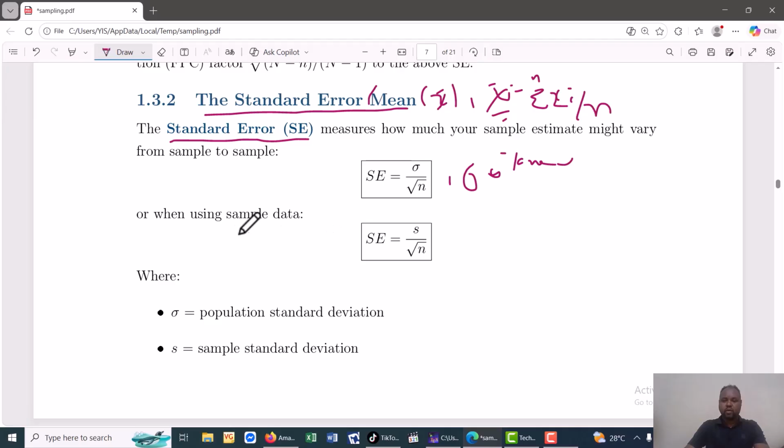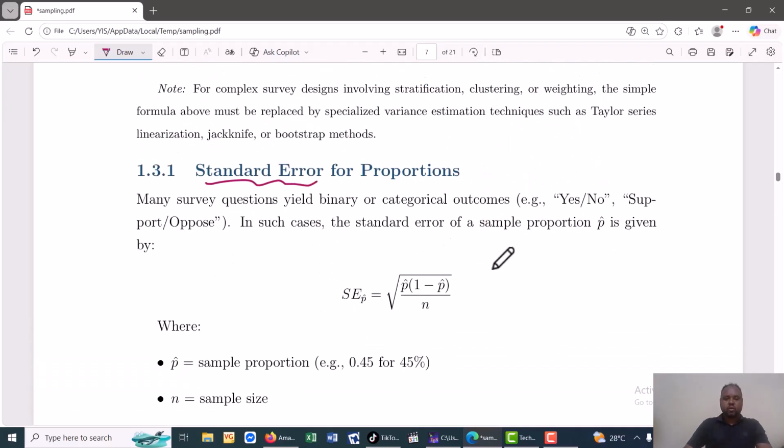Otherwise we use sample data, therefore we estimate this sigma using this sample information, the sample variance, right? So this quantifies the standard error for the mean. Many survey questions yield binary or categorical outcomes such as yes, no, support, oppose, and so on.